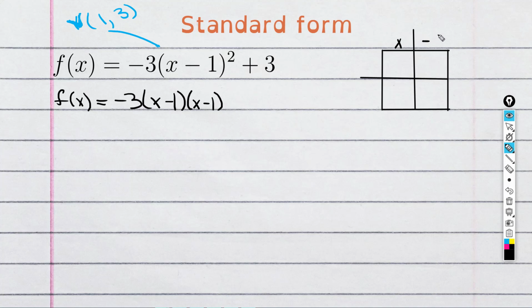And so our two factors are x minus 1 and x minus 1, and then that plus 3. And so we're going to figure out what that would multiply to become.